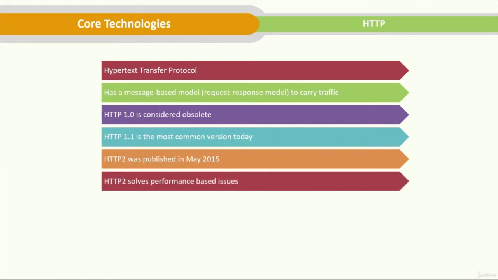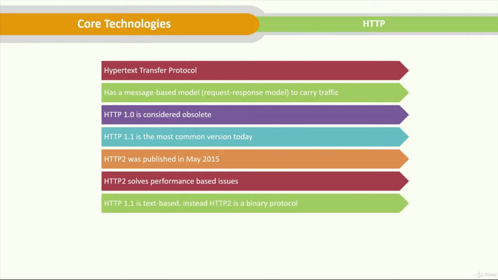Basically, this new release removes the performance-based issues for web applications, and it's also supported by modern web browsers and updated servers. After this new version, I need to update some of my sentences about HTTP. Normally, it's a text-based protocol, but now it's a binary protocol with HTTP/2.